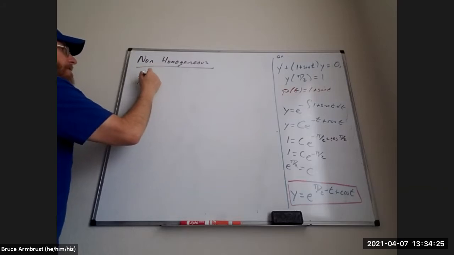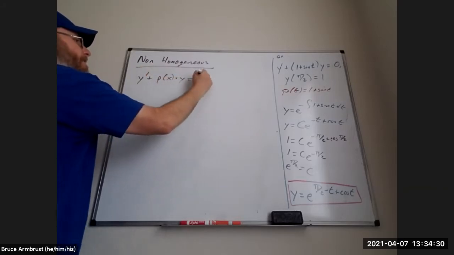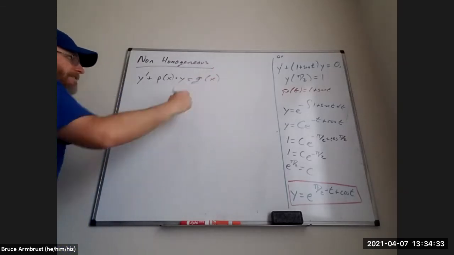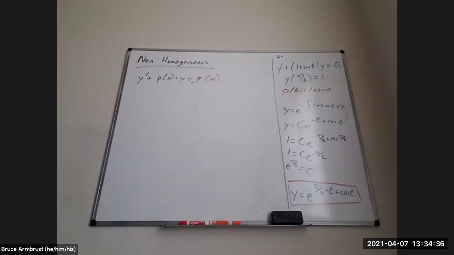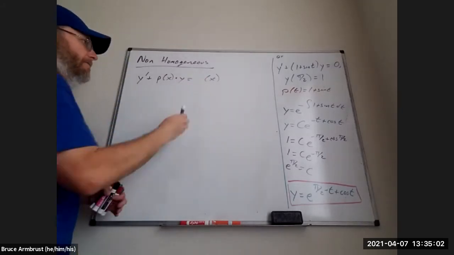Non-homogeneous just means that it actually does equal something else. I just put G there because I think that's how I learned it, but looking back at my notes real quick, I want to match what the book does. The book calls it f. Okay, so we'll go like that.